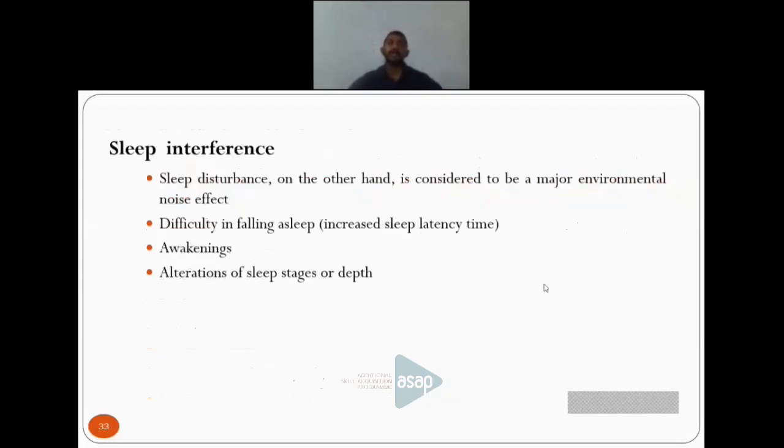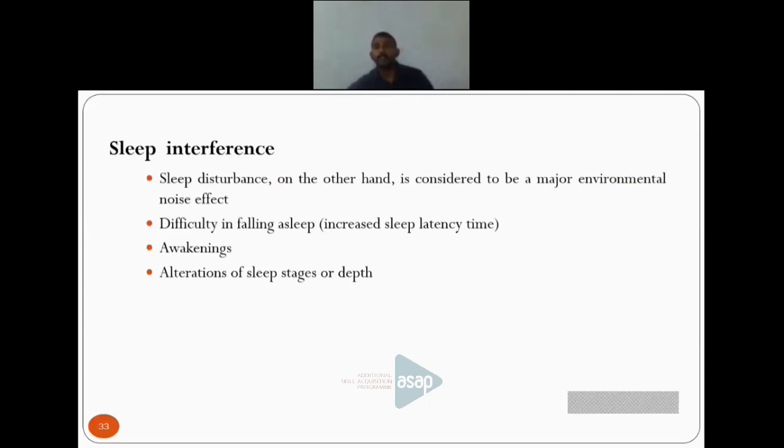Next is sleep interference. This is one of the most important things, as science says that sleeping is the most important thing for better health. If health is not proper, the body will get disturbed, and we will have to face a lot of problems.